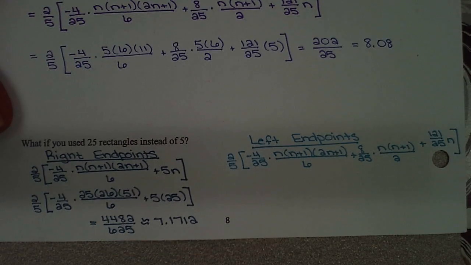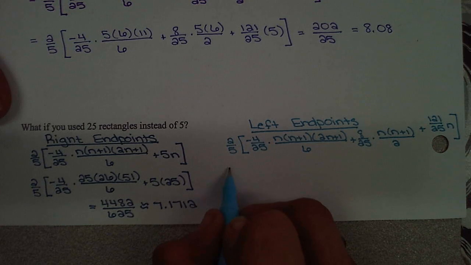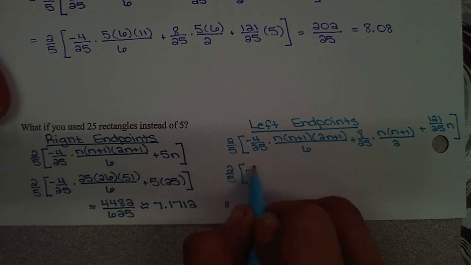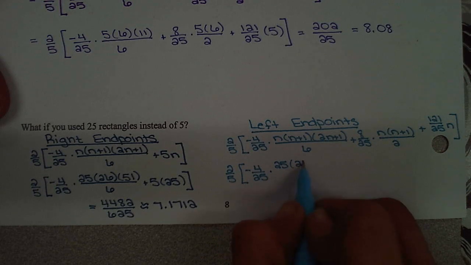And now if we go in, and in all of these n's, we plug in 25 for the 25 rectangles, we're going to get 2/5 times negative 4 over 25. That's going to be a 25. One more makes 26.